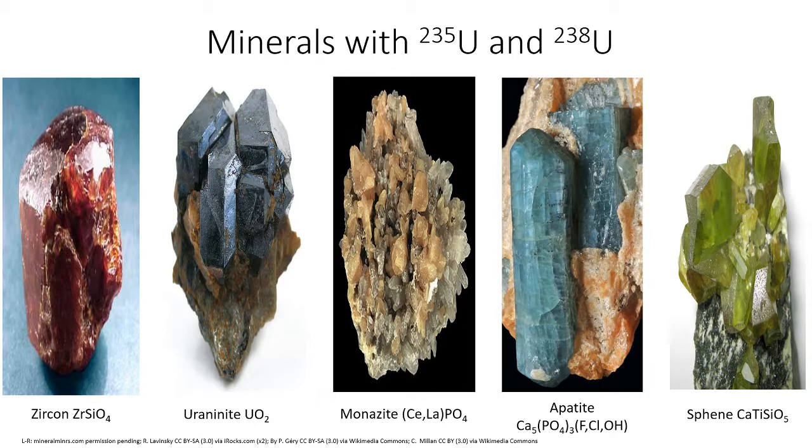Uranium could replace that. In the case of monazite, it could replace either cerium or lanthanum. All of these different types of ions, or cations I think, it could replace and substitute into the crystal structure, so the mineral doesn't always have to have uranium in the chemical formula.